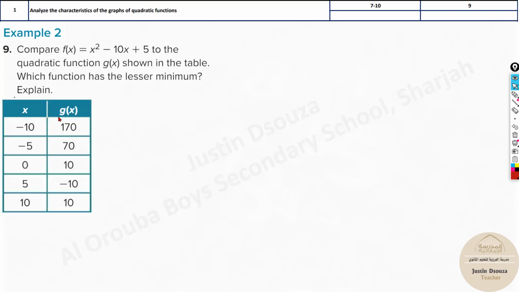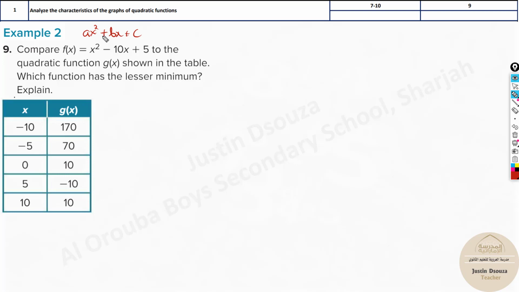Now over here we have tables and an equation. What do we do over here? Do you remember the formula for the vertex from this equation? First of all, let's write the standard form, that is ax squared plus bx plus c. Whatever is the coefficient of x squared is a, coefficient of x is b, that is -10 in this case, the a is 1, and the last part is c, that's 5.